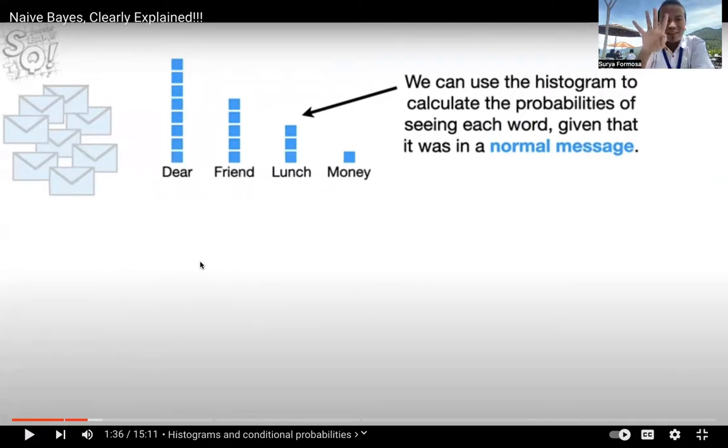So the computer can directly make a histogram of each word inside these emails. For example, we got 4 words, that is dear, friend, lunch, and money from these messages. And then the computer will count the number of each word.